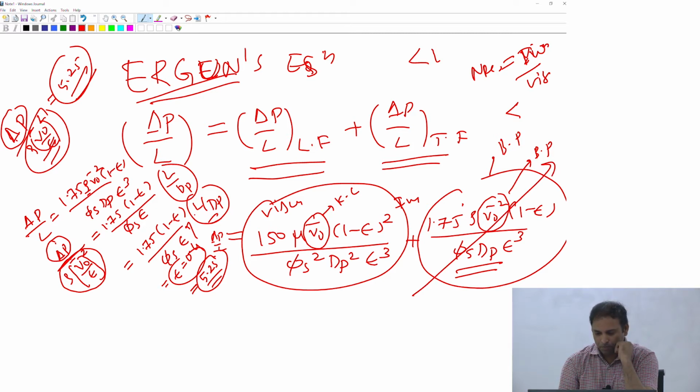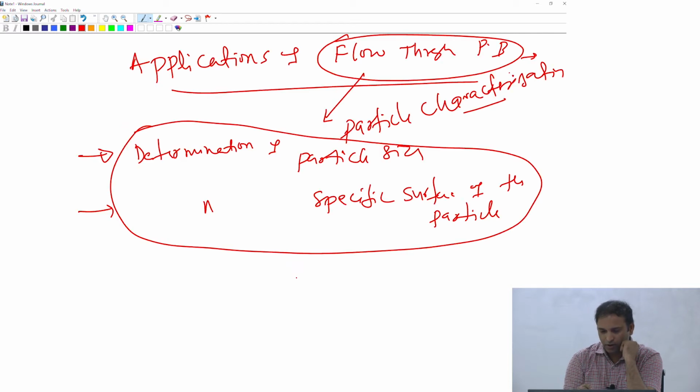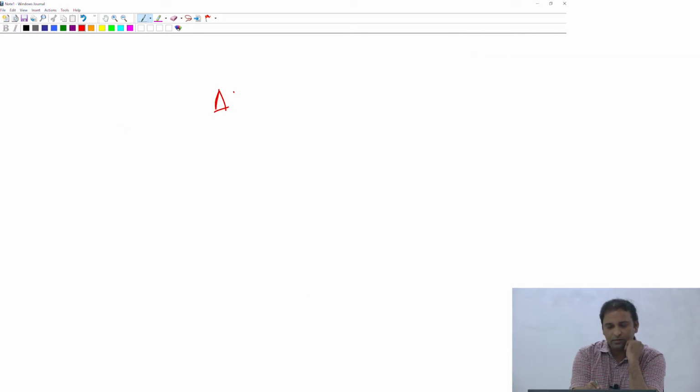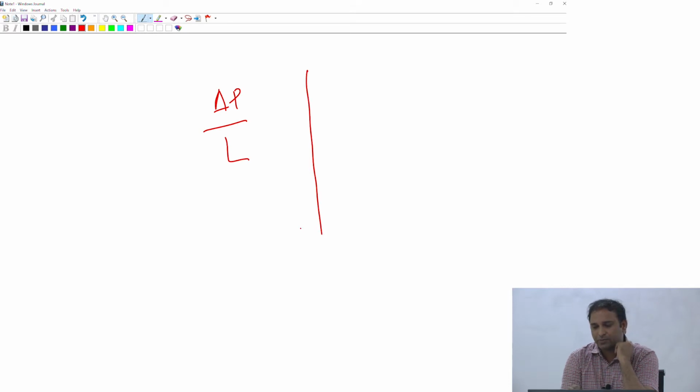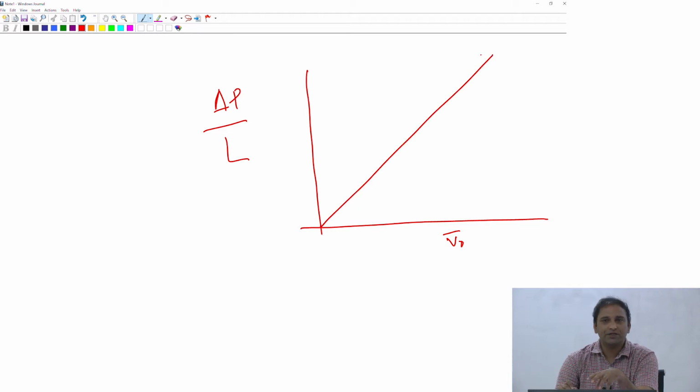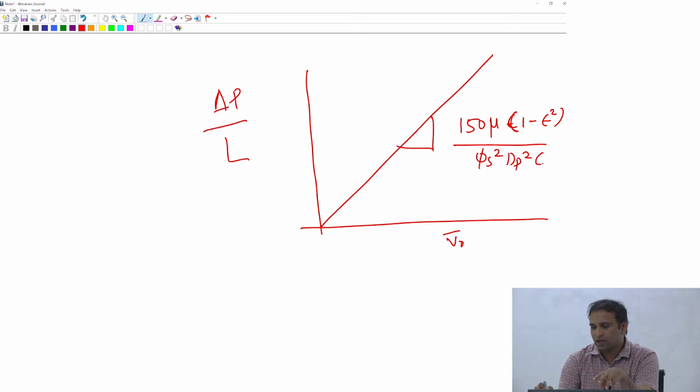Therefore, if you were to do an experiment where I measure the pressure drop per unit length across the packed bed as a function of the superficial velocity, what I should get is a straight line passing through the origin, and the slope of this line is going to be 150 times mu, 1 minus epsilon square divided by phi s square dp square into epsilon cube, right.